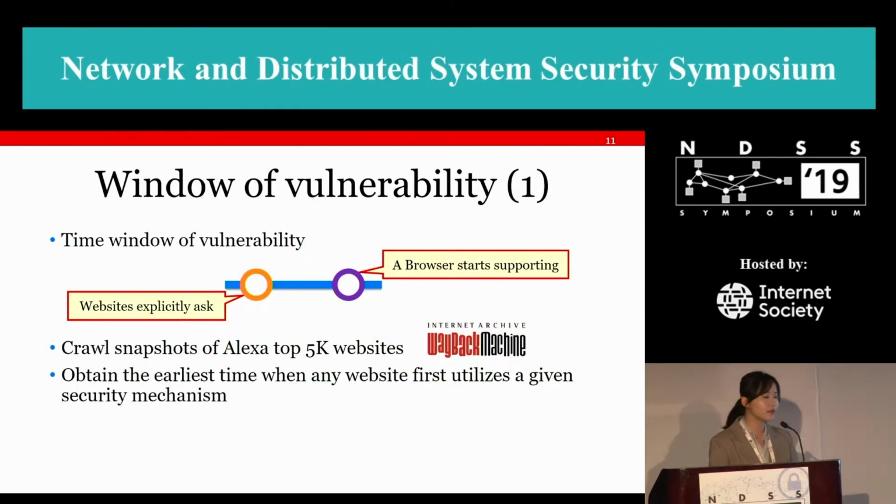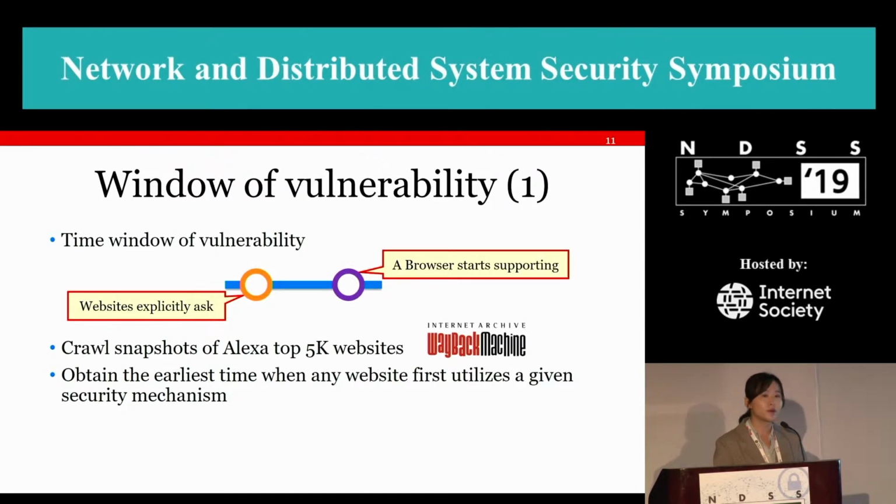So far, it's obvious that the rate of security mechanism support on different browsers and different security mechanisms could vary a lot. So webmasters may ask for some security mechanisms, but can't ensure their users get the expected security guarantees at the moment. So there's always a window of vulnerability before browsers start supporting that mechanism.